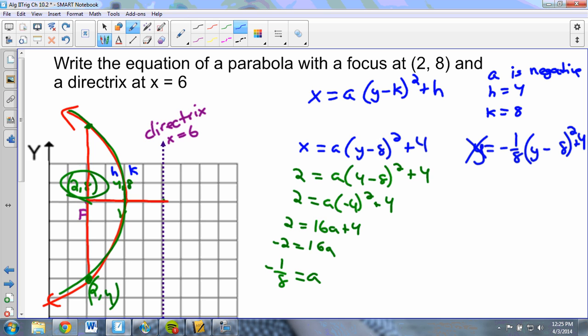What's another way that we could have found A? We have H and K pretty easy. What's another way we could have found A? I like showing multiple ways so you can pick the one you like and run with it. Our directrix is the line x equals 6.